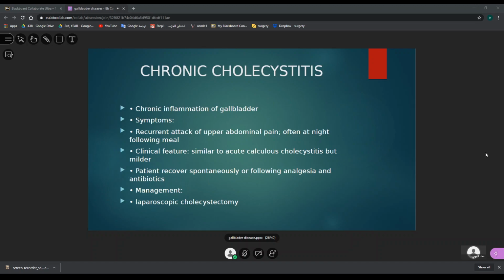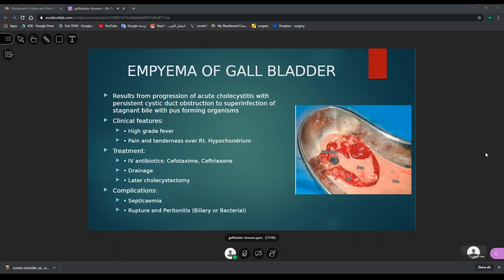Empyema of the gallbladder. What is empyema of the gallbladder? It results from progression of acute cholecystitis with persistent cystic duct obstruction, leading to superinfection with pus formation. So you will find the gallbladder superinfected, and what is inside the gallbladder?